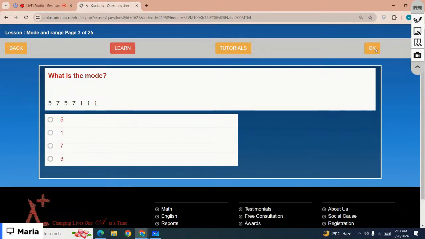The correct option is 1 because 1 appears 3 times in the given data. So 1 is the mode.